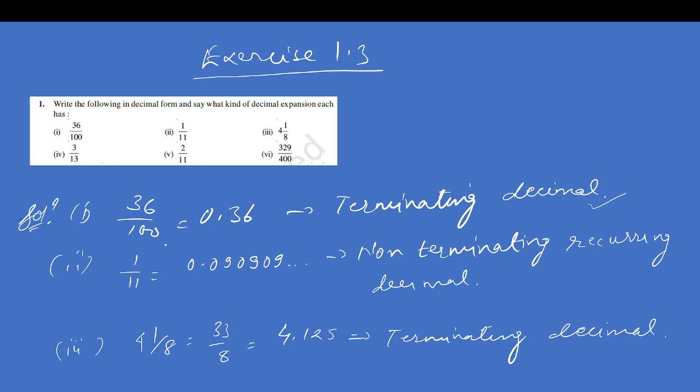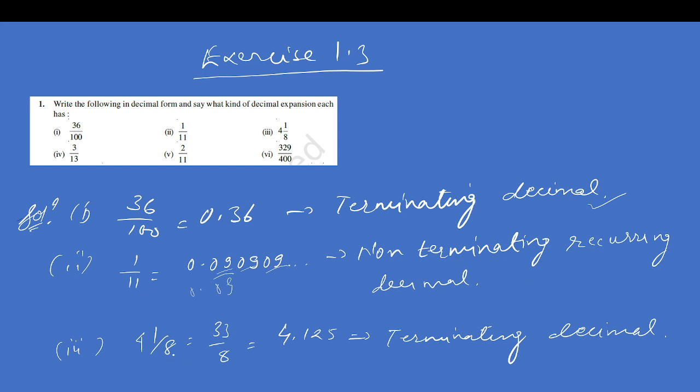You are smart enough to divide by yourself. It will come 0.09, so this is a non-terminating recurring decimal. 0.09 is recurring; you can write 0.09 bar also. So it's non-terminating but recurring decimal.